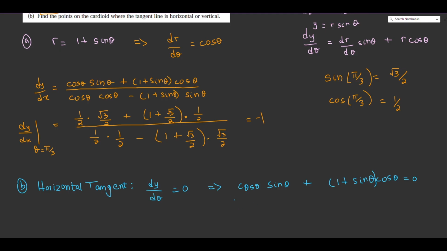When we simplify this thing, we can take cosine theta outside as a common factor, and inside we will get sine theta plus 1 plus sine of theta equals 0. And from here this becomes cosine of theta multiplied with 1 plus 2 sine of theta equals 0.